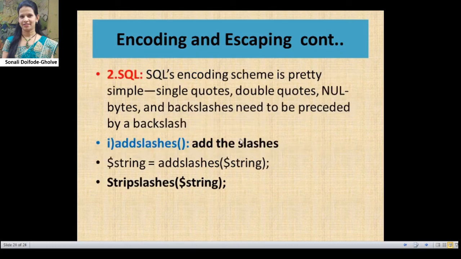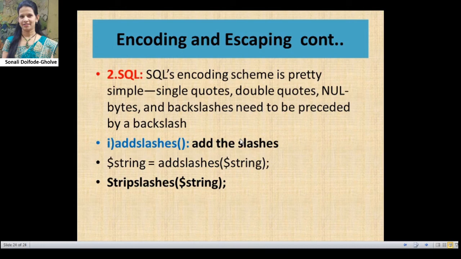The second one is SQL. When we use SQL, we are working with database queries, and in them we sometimes need single quotes and double quotes. Sometimes we can keep them as they are, and sometimes it is necessary to remove them. The SQL encoding scheme is pretty simple.